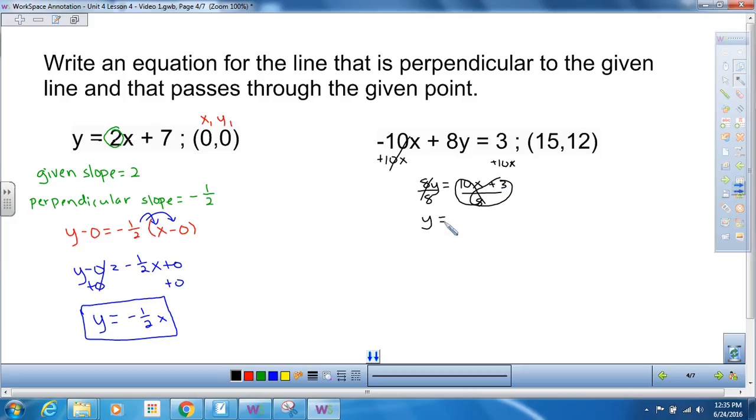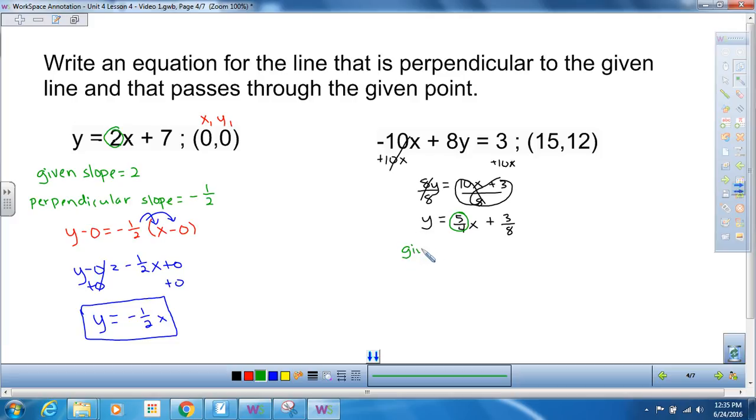So I do 10 divided by 8, and I want to make sure I reduce it. I keep it as a fraction though. So 10 divided by 8 is 5/4 x, and then plus 3 divided by 8 is 3/8. Okay, so I only care about the slope of my given line, so I really don't care about that 3/8.